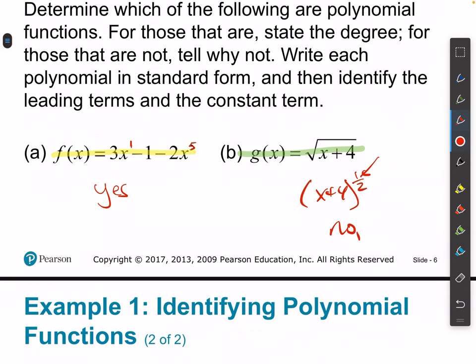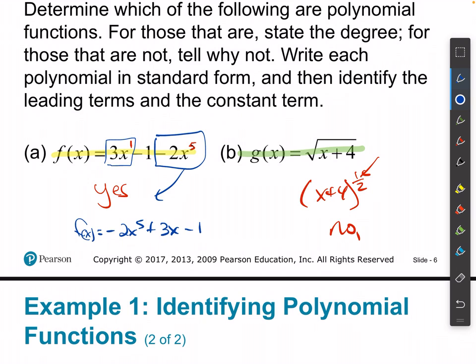All right. Then it says to write each in standard form and identify the leading coefficient. Okay, so maybe I should do that for this one. If I'm going to write this one in standard form, it's going to be negative 2x to the fifth, right? Because this is my highest power, plus 3x, because that's my next lowest term, minus 1. Constant will always come last, so I can say f of x is equal to this.